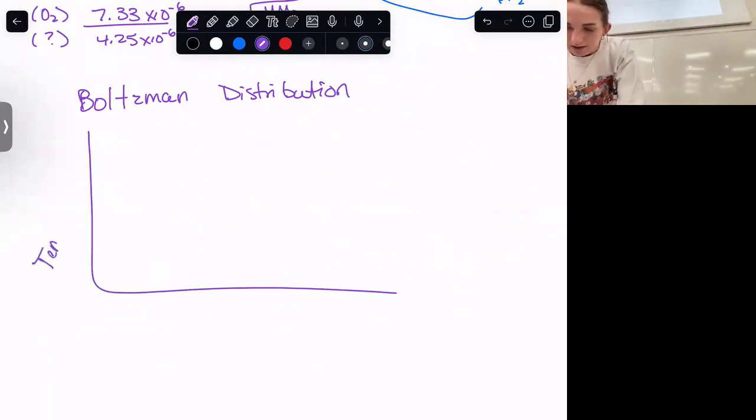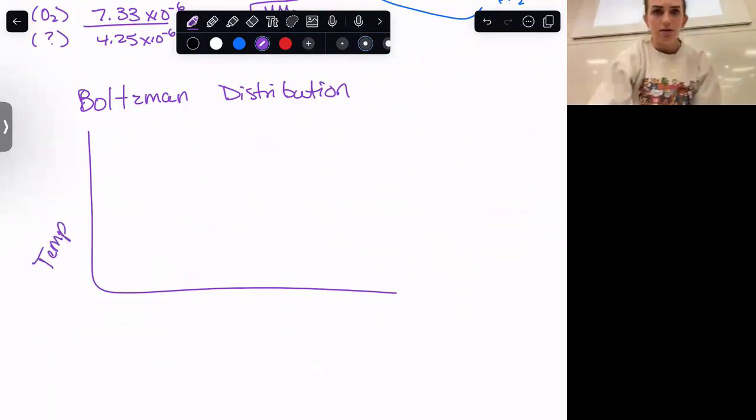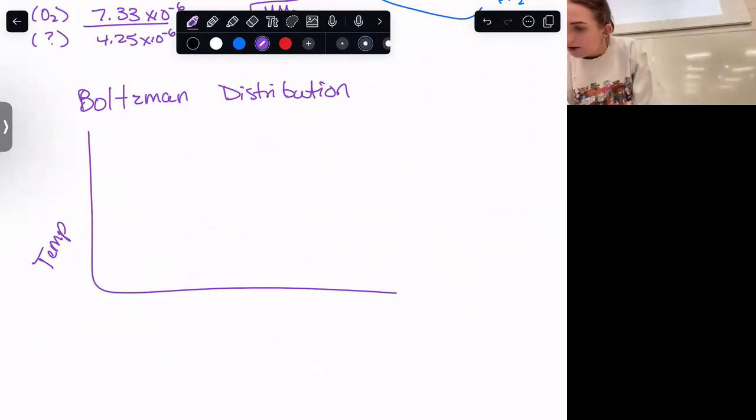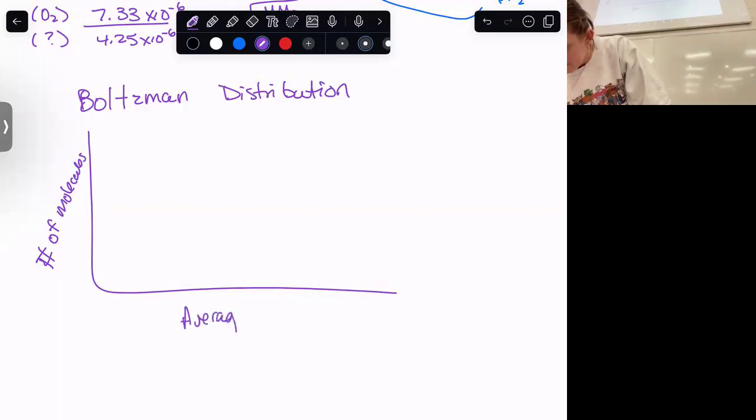You can see temperature on this side, I think it is. I don't want to tell you the wrong thing. I could tell you number of molecules, and I can tell you average speed.